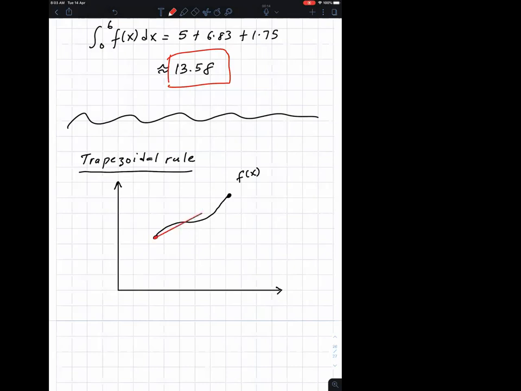First, I want to approximate it with a straight line, a polynomial of degree 1. Assume this is a polynomial of degree 1, p(x).